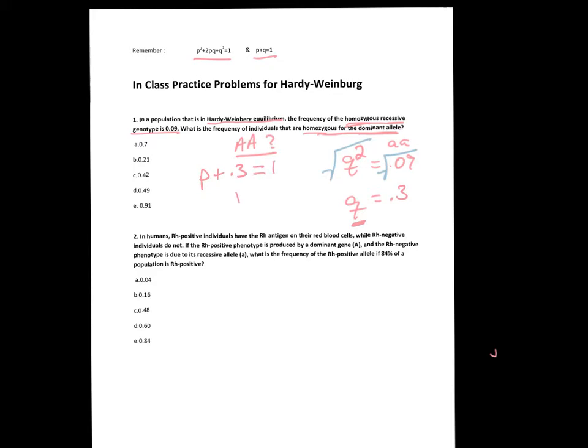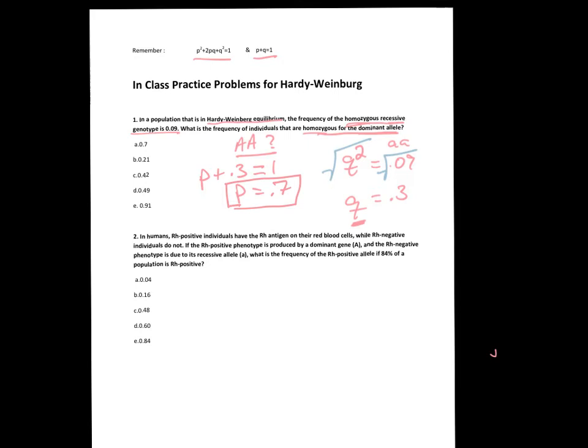Subtract the 0.3, and p must equal 0.7. That just tells you p. So if they ask you for the frequency of the dominant allele, you'd be done.